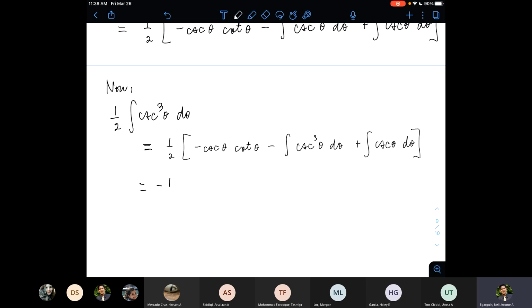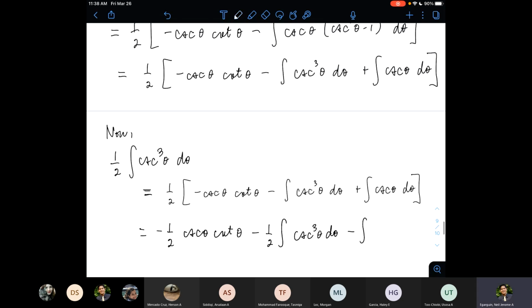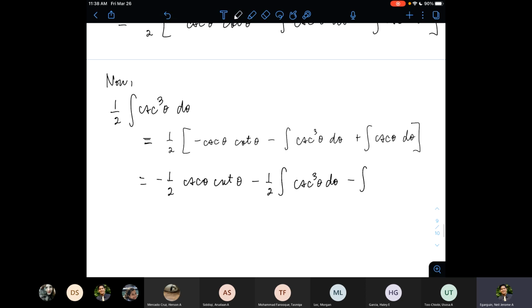So essentially we'll have minus 1/2 cosecant theta cotangent theta, plus, oh sorry, minus 1/2 integral of cosecant cube theta d theta plus the integral, or sorry, minus the integral. Is it a minus or a plus? Oh, it's a plus. Plus 1/2 integral of cosecant theta d theta.